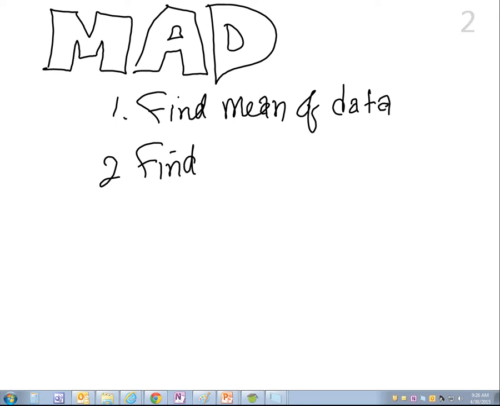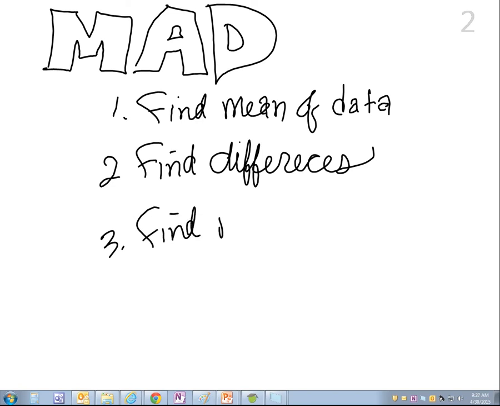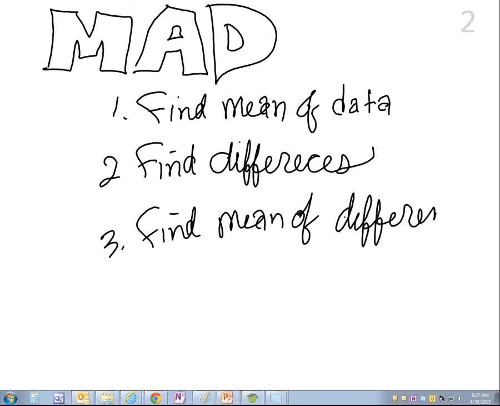Find differences. Find mean of the differences. Beautiful. And then it's cash money. Okay, and that's it.